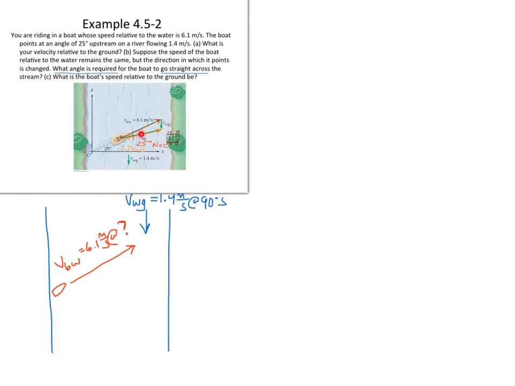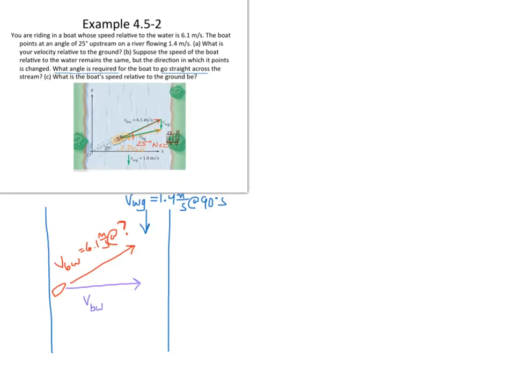We want for the sum of this vector and this vector to be that we go straight across, directly across, like so. All right? So we would call that vector the velocity of the boat to the water.